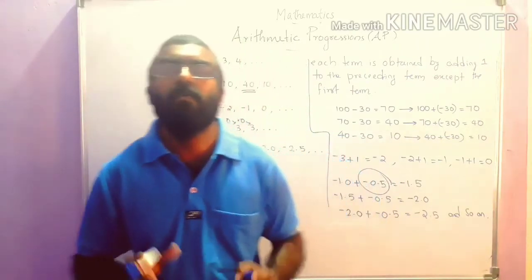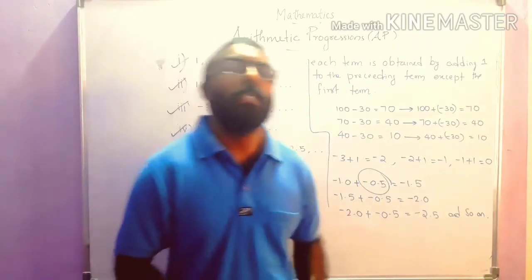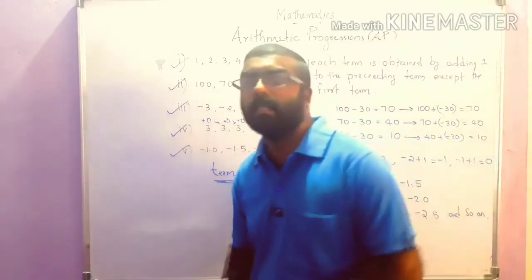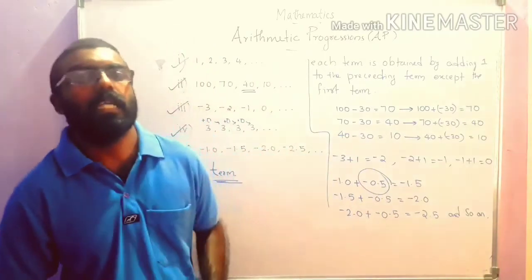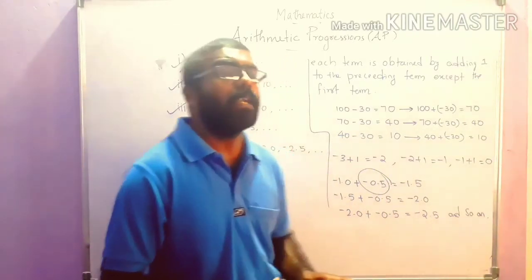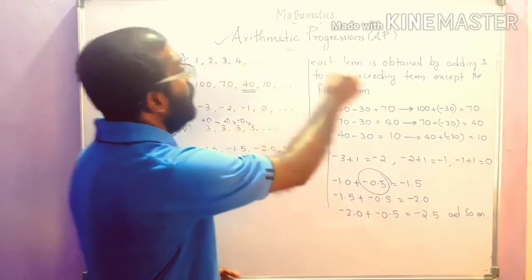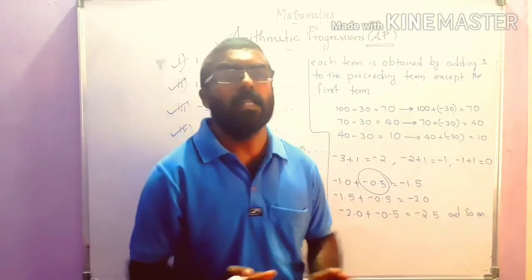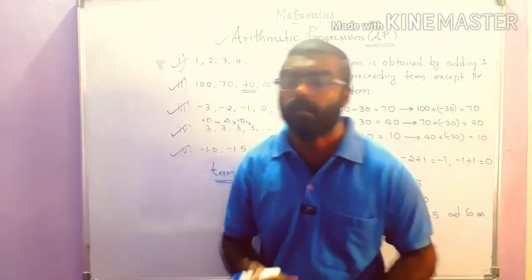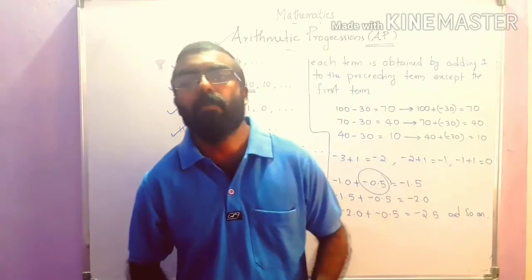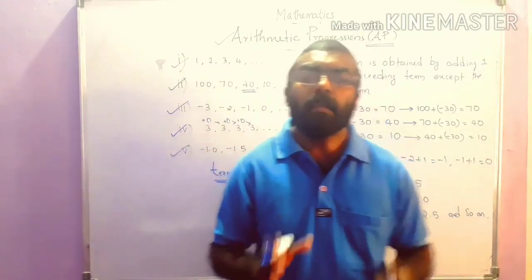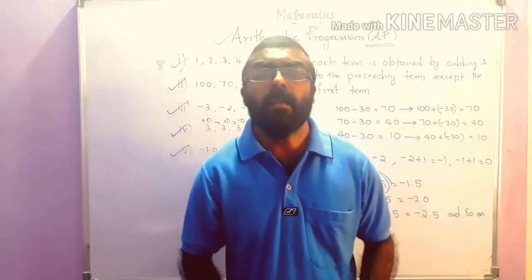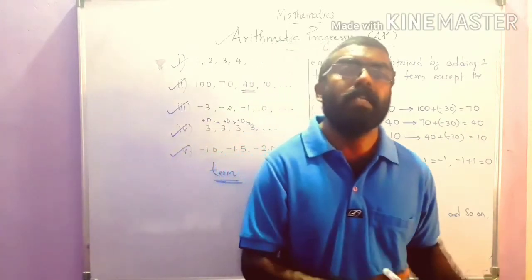In all the lists above, we see that the successive terms are obtained by adding a fixed number to the preceding term.